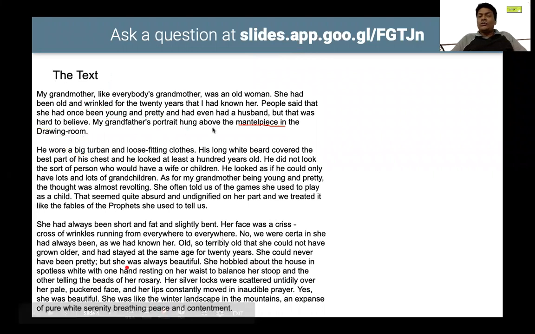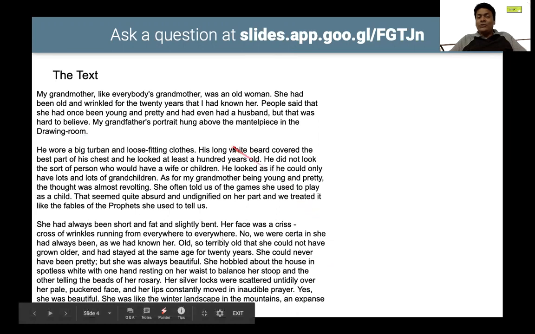The author also carried some kind of dubious thought in his mind. He was telling that his grandmother could not be pretty and beautiful, and that she doesn't grow older and older. All those things he told about his grandmother.